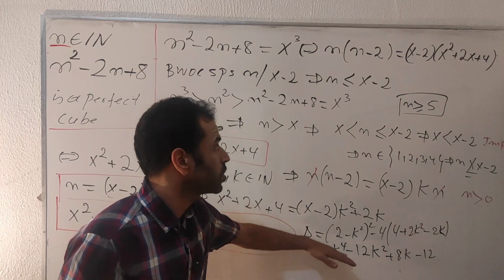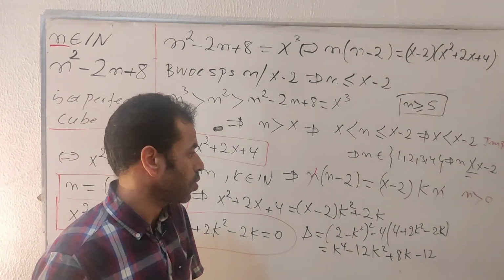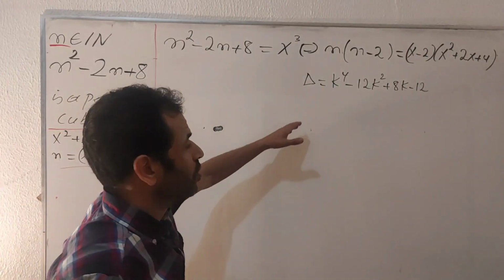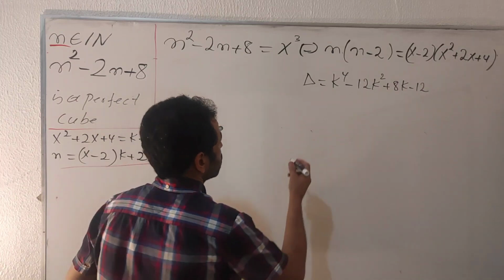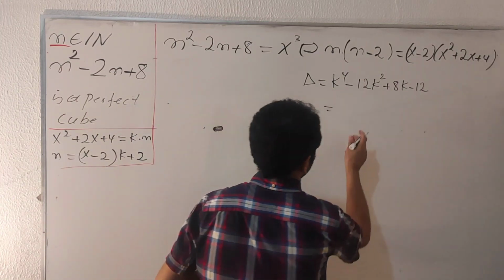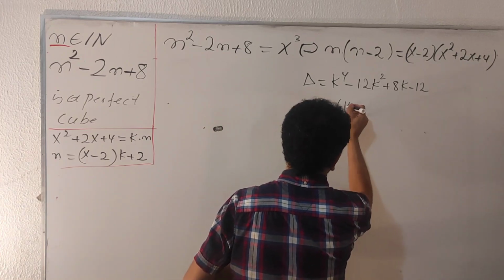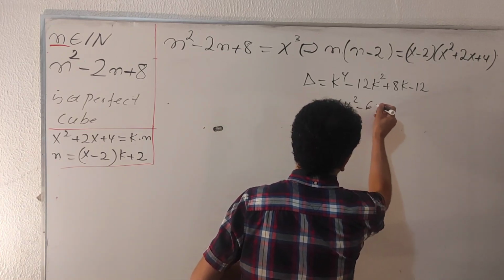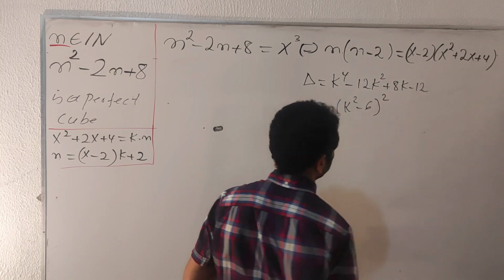Let's take this expression and continue solving our equation. Now let's transfer this into an inequality. If I transfer this into a perfect square, I get (k squared minus 6) all raised to the power 2.